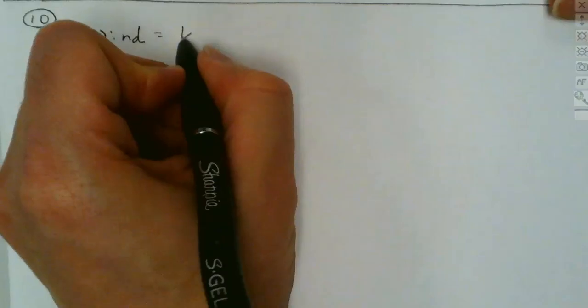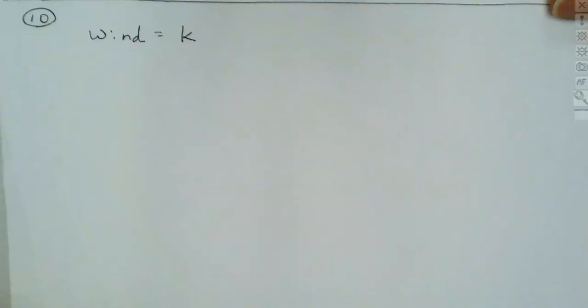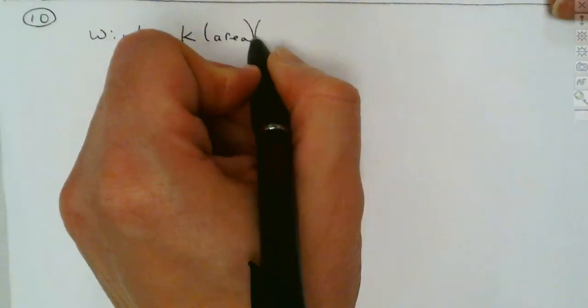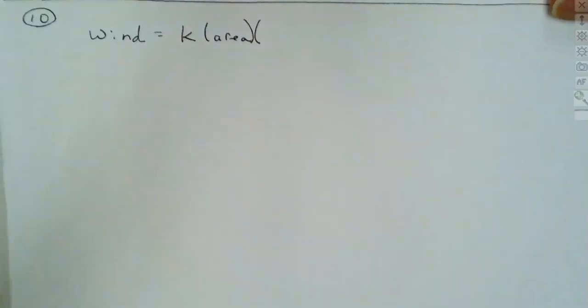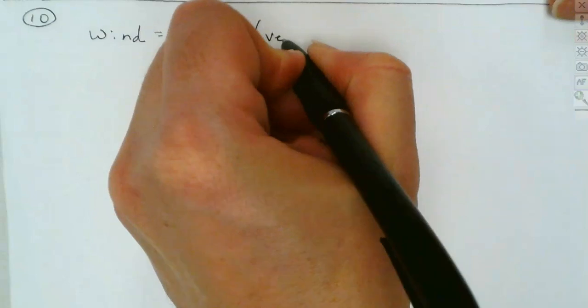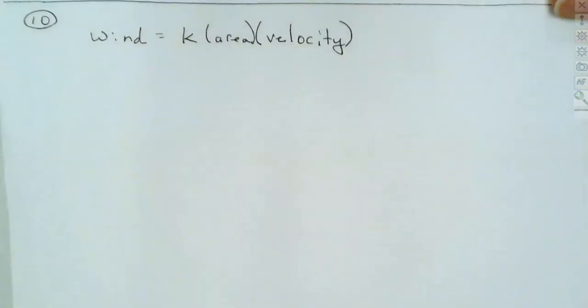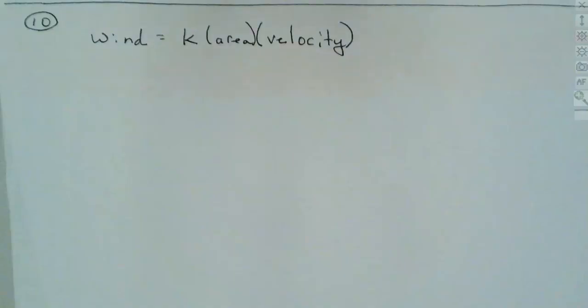And that's going to be K times the surface area and the velocity. So the bigger the car, the more wind resistance or drag that it experiences, and the faster you're going, also, the more wind resistance that the car has.